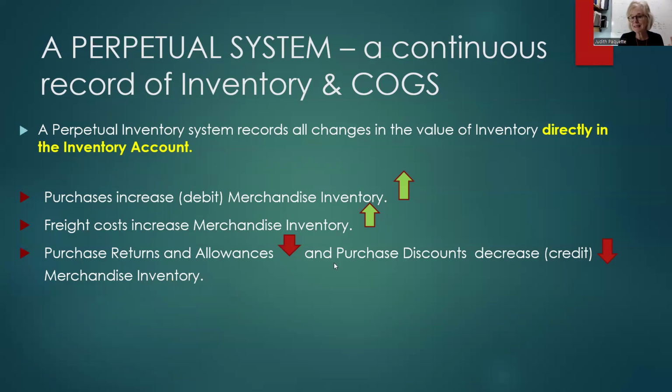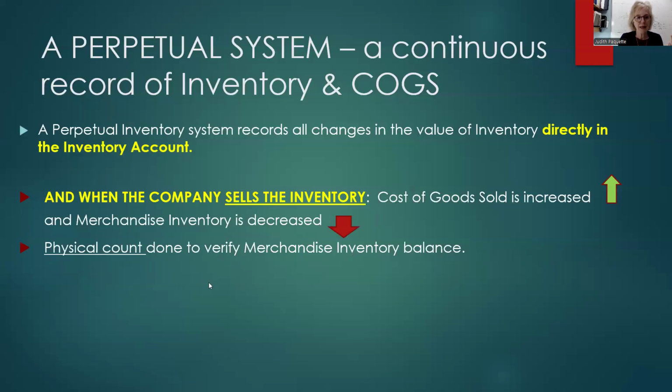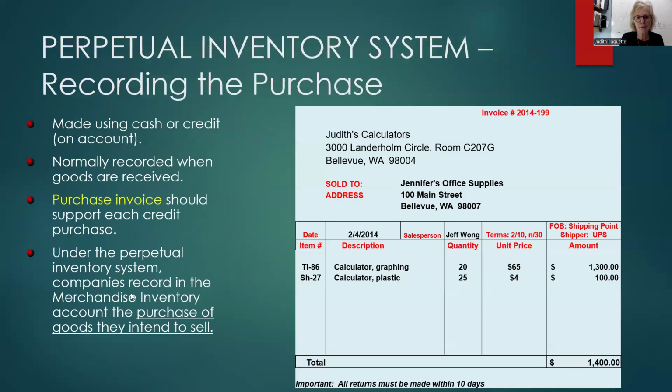And when a company gets a discount, we reduce inventory with a credit. And finally, now that we have the inventory, when we sell the inventory, we reduce the inventory account, and that's a credit to inventory, but cost of goods sold increases. We've increased our costs. And once in a while, we count the inventory to make sure it's there. And some of you may have been part of counting inventory if you've had jobs that worked with inventory.